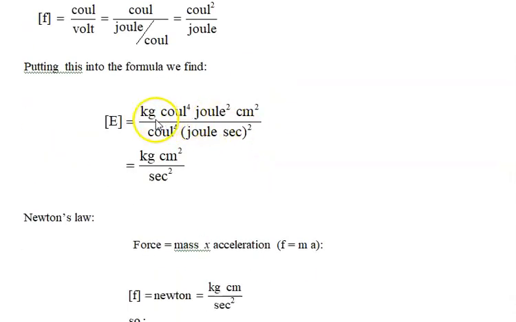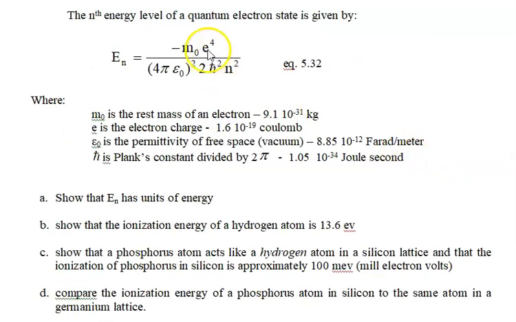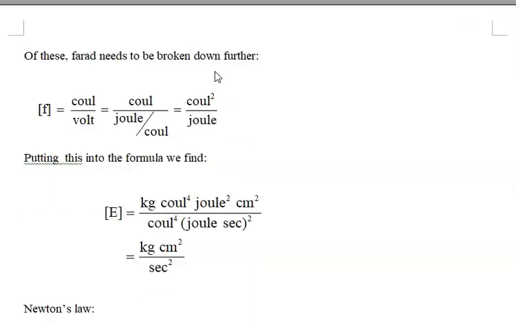We have M kilograms, we have coulombs to the fourth right here, we have H bar on the bottom, which is joule seconds. This is H bar, and all of this stuff right here, joule squared per coulomb to the fourth is farads.